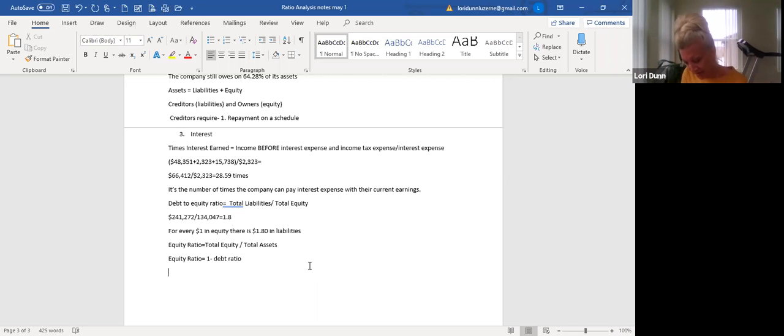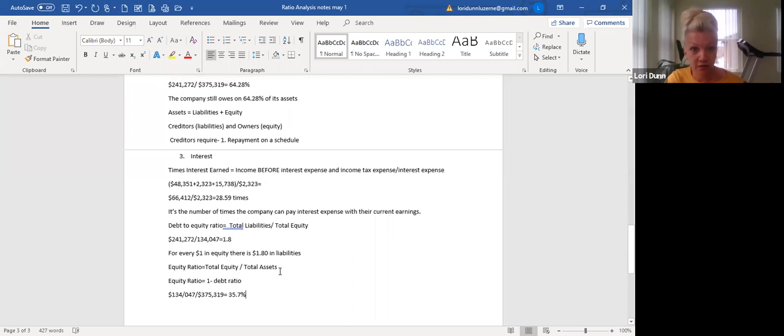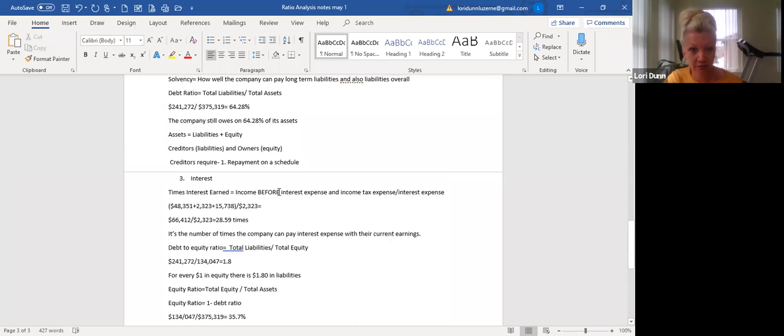So going back to our balance sheet, that's where we're focused. We would take total equity of 134,047 divided by total assets of 375,319, and we get 35.7%. Now, if you come back up here, I'm a little off by 0.02.